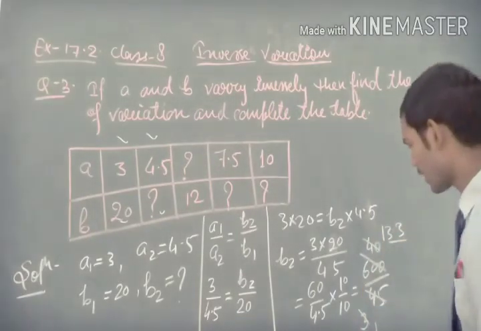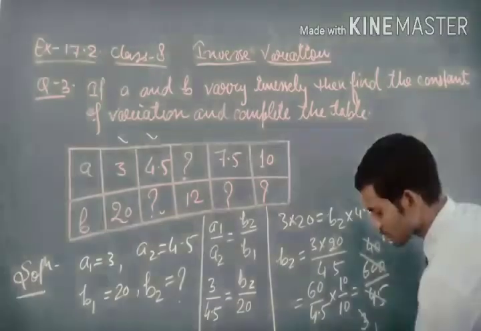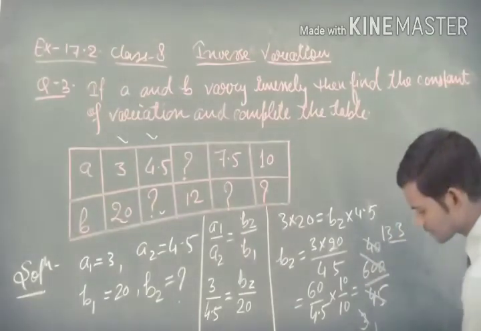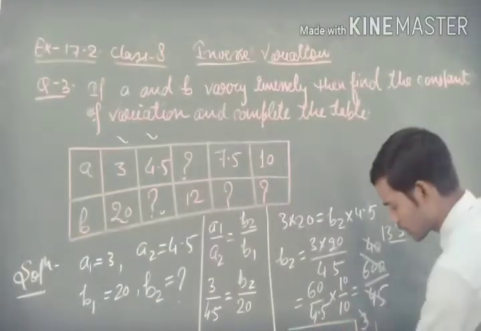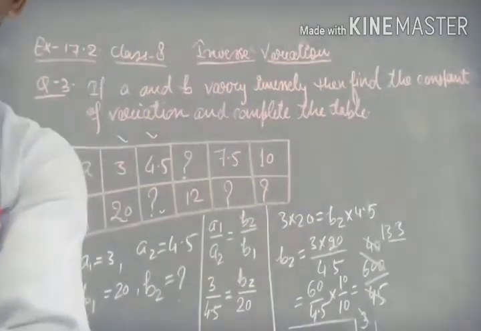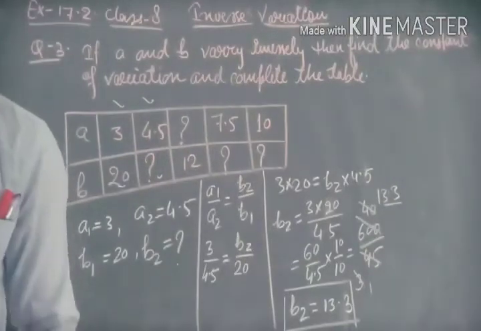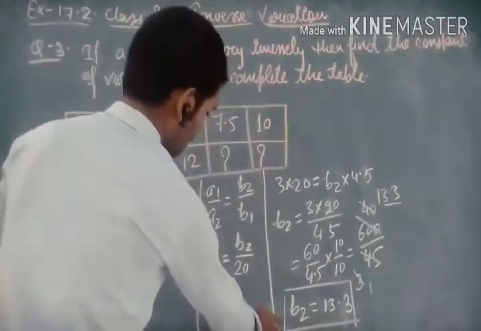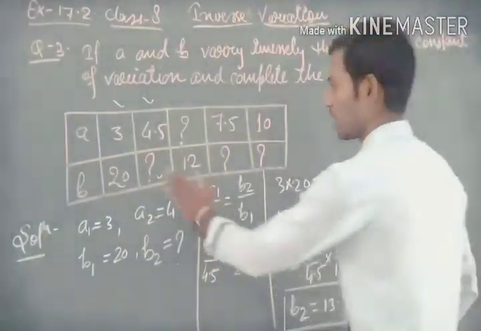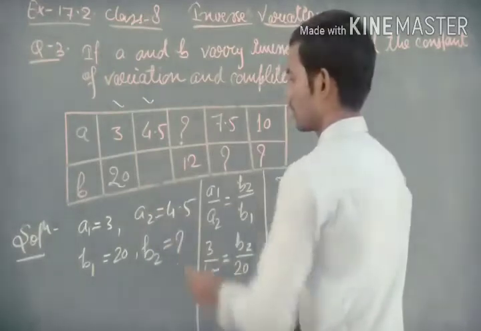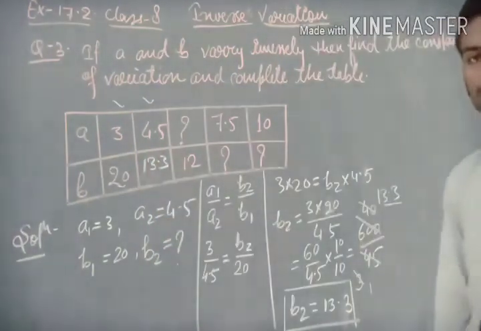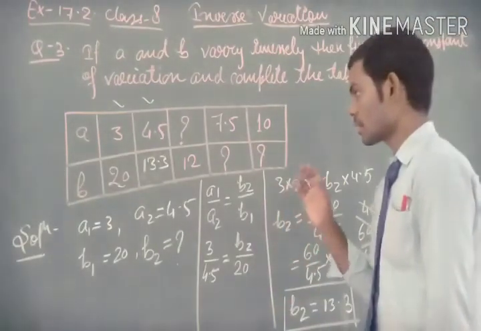So here we get the value of B2 is equal to 13.3, and we write it in the table as the result.